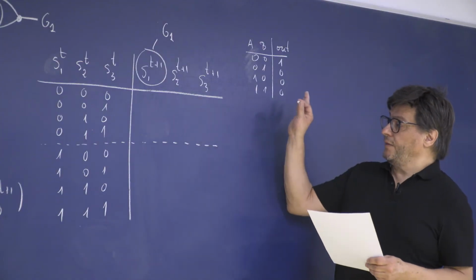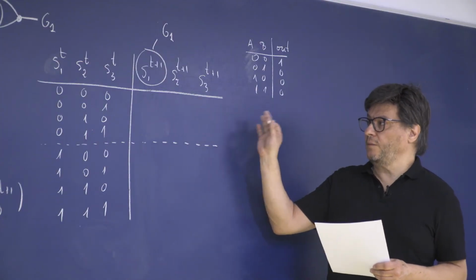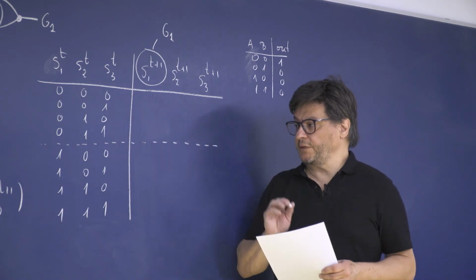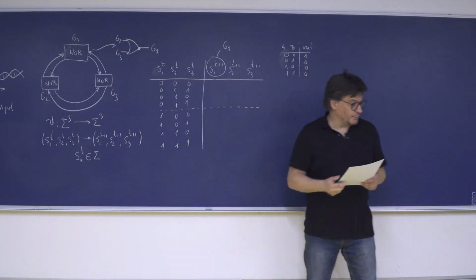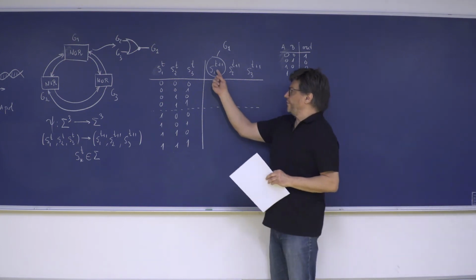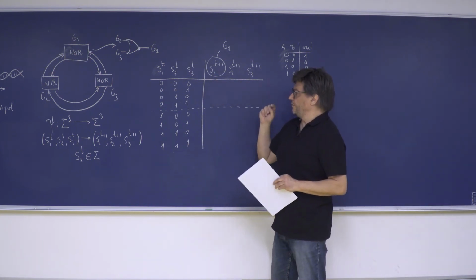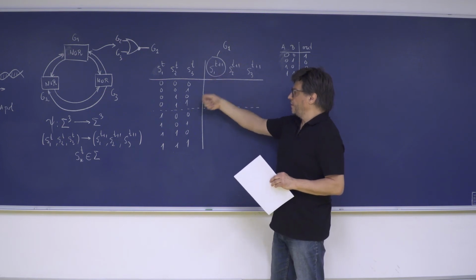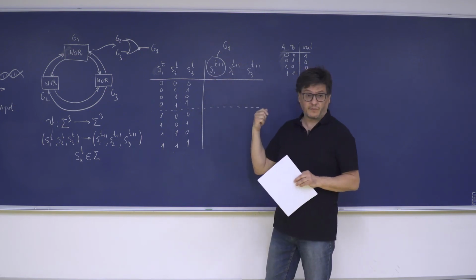Now, having my table, how can I actually translate that into this particular system? Well, it's easy to do, and you can do it the following way. Imagine I have my first gene. What's going to be the state at the second iteration of my modeling?